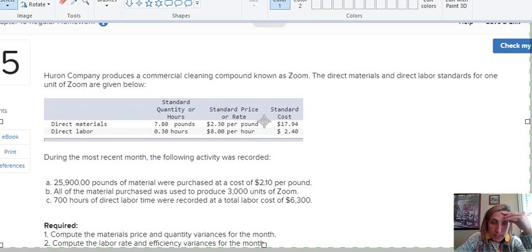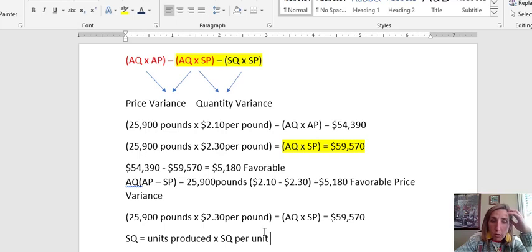It wouldn't make sense to put 7.8 times 2.3 into my formula and leave that. That is the standard price I would pay for 1 unit. But we are analyzing how much we paid for 25,900 pounds, not just the price we paid for one purchase of 7.8 pounds.